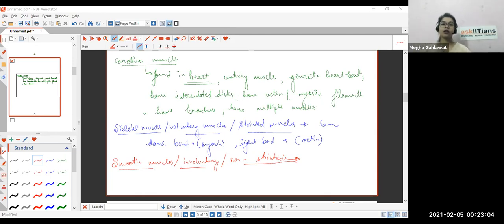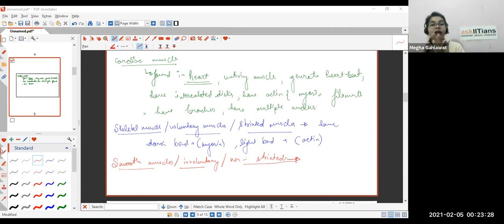They do not have a proper pattern of arrangement of actin and myosin filaments. They just have the actin filaments which are attached to one another, and they're very dense. Apart from that, they have a spindle shaped body which is tapering at both ends and fat in the middle.